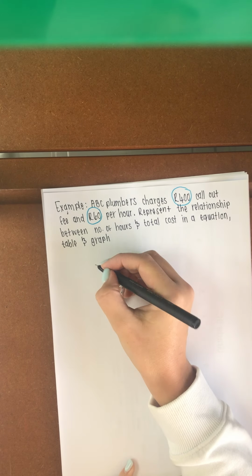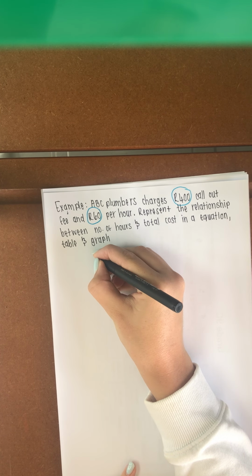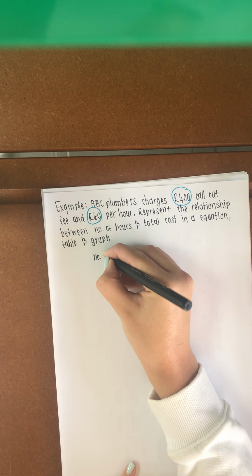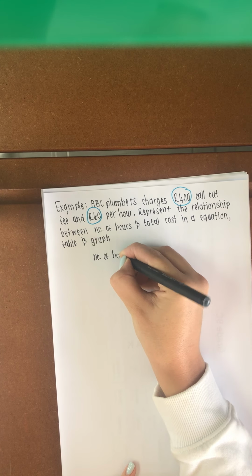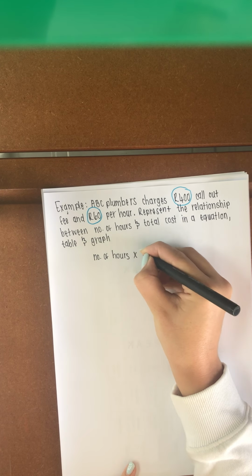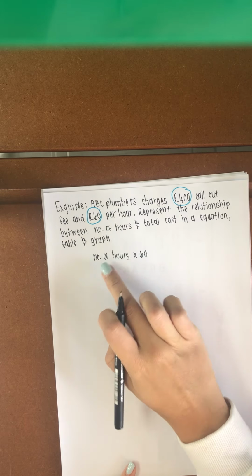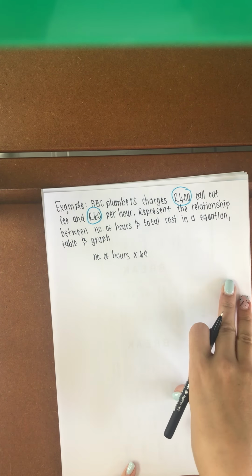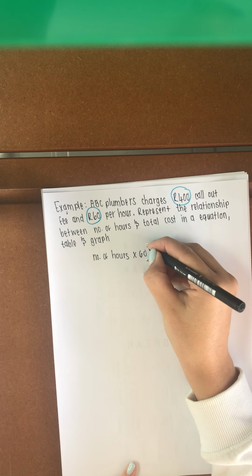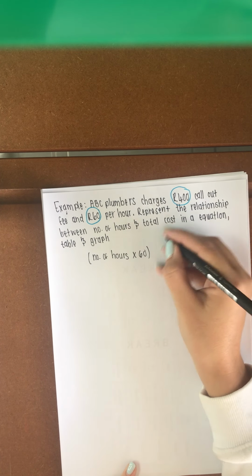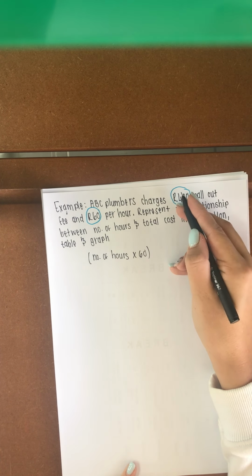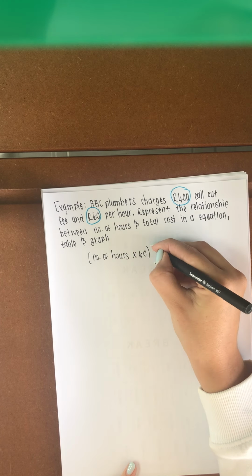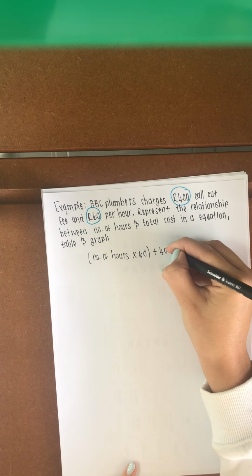First of all, the number of hours gets times by 60, because if I work for 2 hours times by 60, that means 120 Rand. But another thing happens. Every single call out fee, no matter what, is 400. So I add 400 to that.